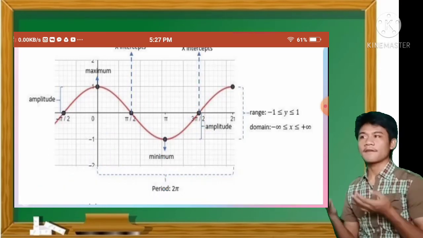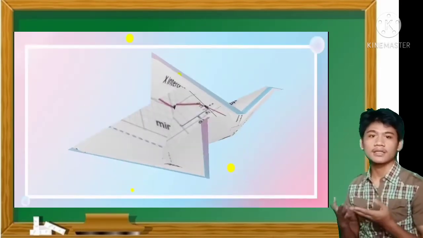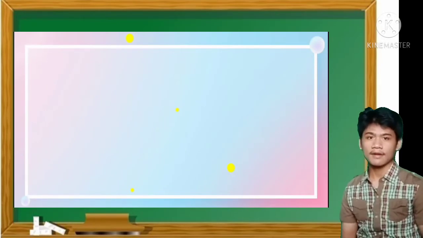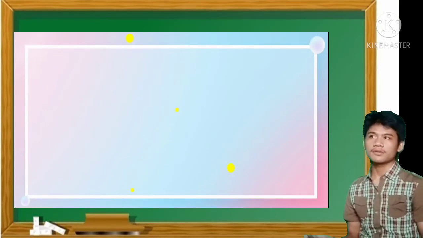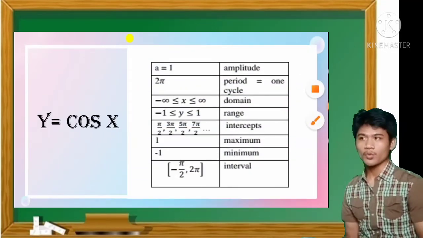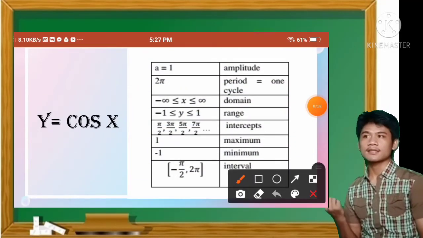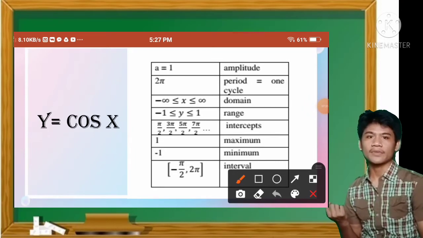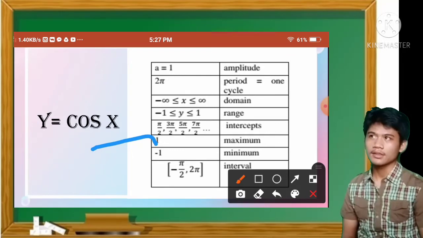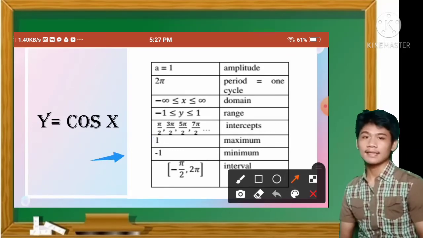Next are the properties of the given function based on its graph. As you remember, the amplitude is 1, the period is 2 pi, and we have a maximum point, which is +1, and a minimum point, which is -1.